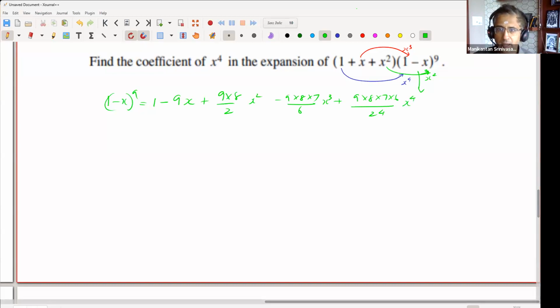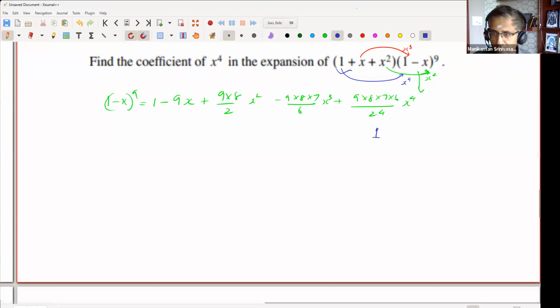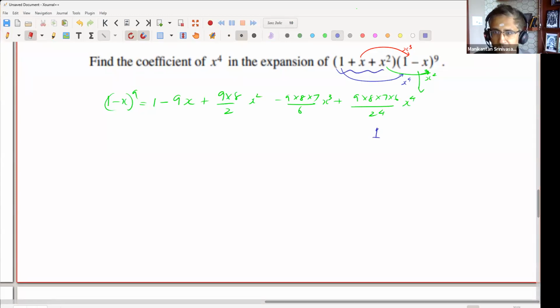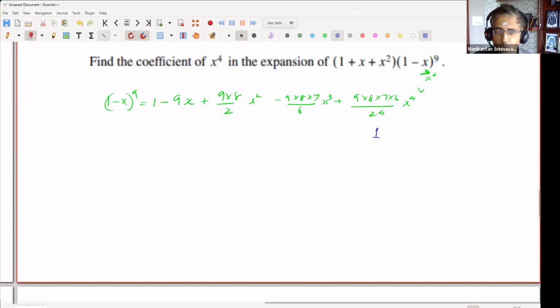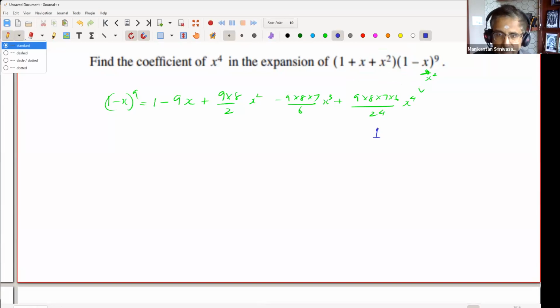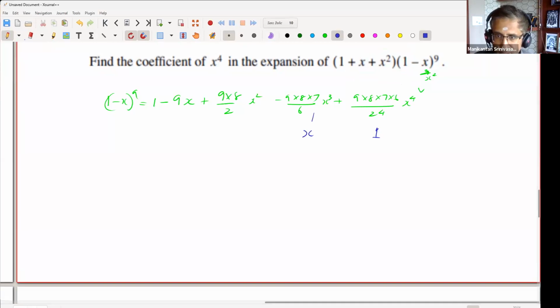Okay, now, like I said, 1 plus x square, the 1 will multiply this, and then this x will multiply this, and then this x square will multiply this.